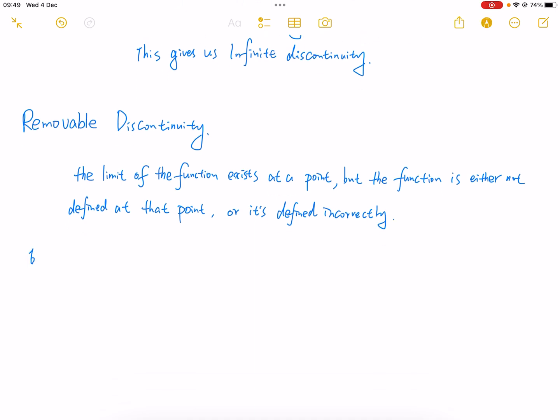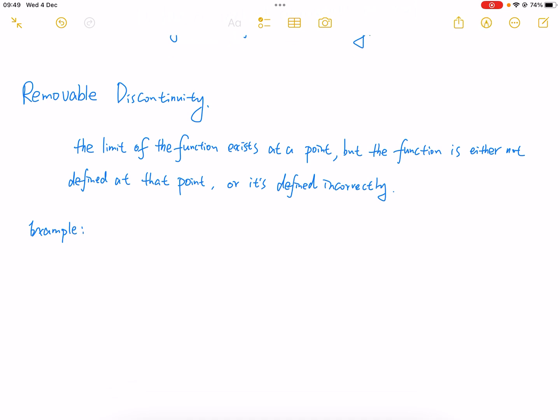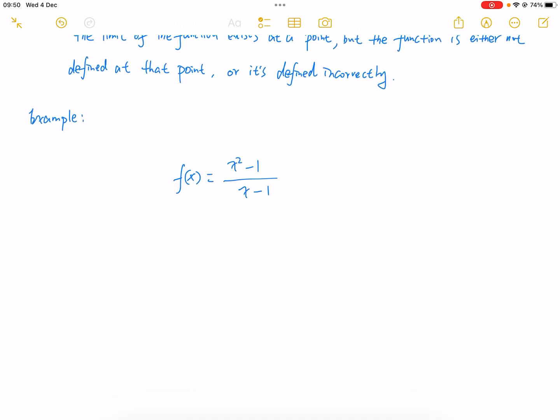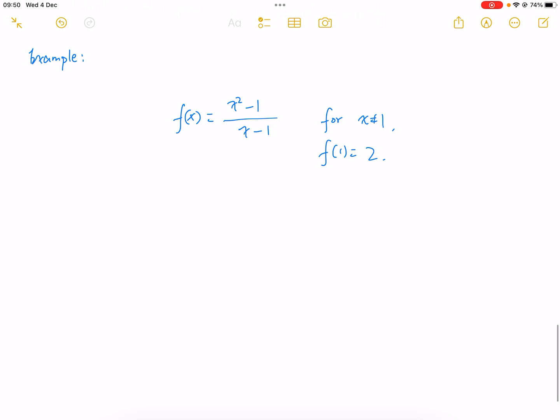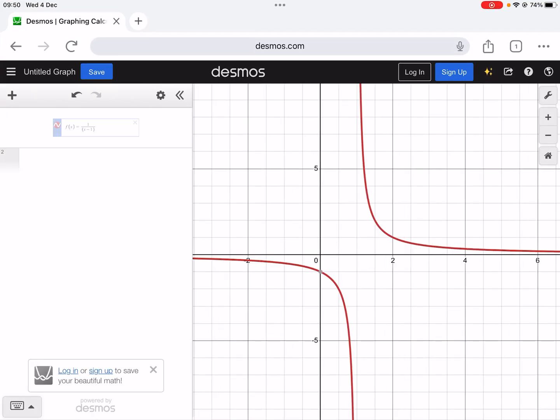So, consider the example. Consider the function f of x equals x squared minus 1 over x minus 1, for x not equal to 1, and let's say we define f of 1 equals 2.